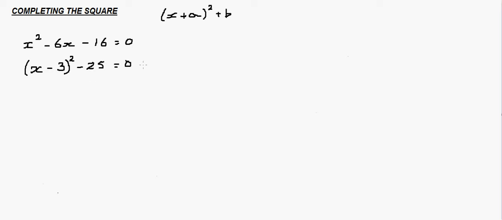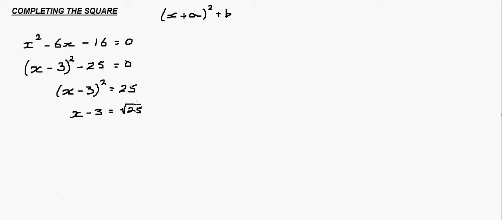First thing I do, move the number. So x minus 3 all squared equals 25. Remember the sign changes. Now I root both sides. So if I root x minus 3 all squared, I get x minus 3, and this will equal the root of 25.